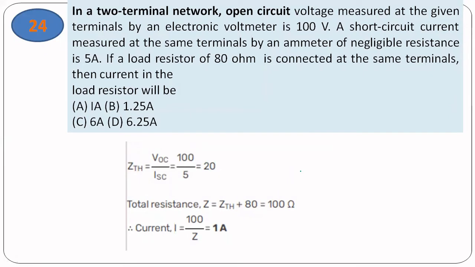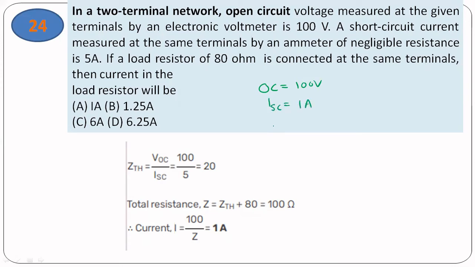So next we shall look at the last 2 questions. In a 2-terminal network, the open circuit voltage is measured as 100 volts, and the short circuit current is measured as 1 ampere.